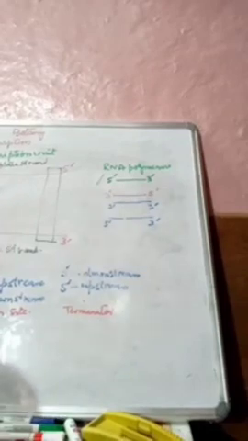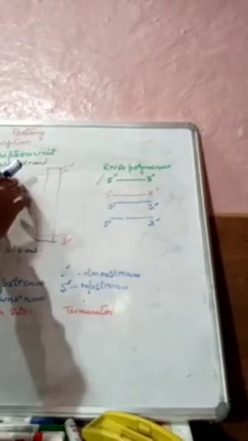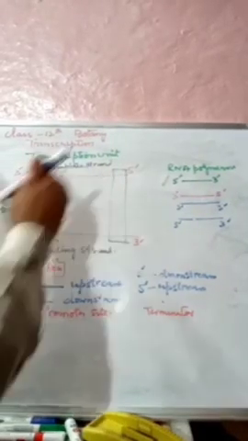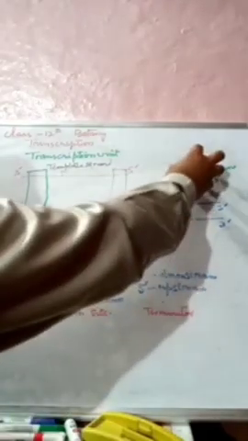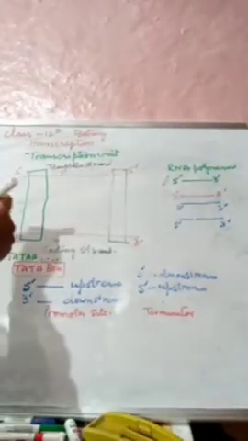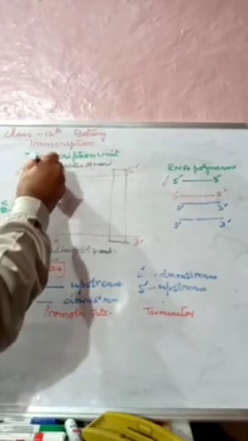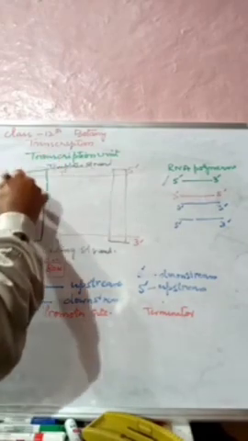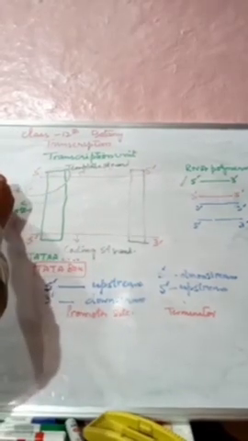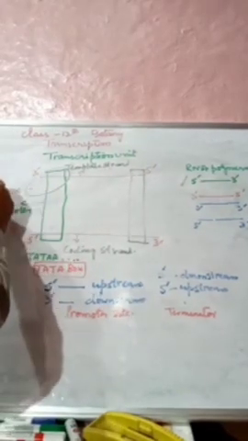Now what happens here, if we are taking this as the transcription unit, RNA polymerase comes and binds at the promoter site. This is the RNA polymerase.